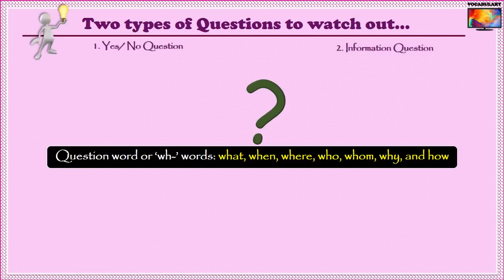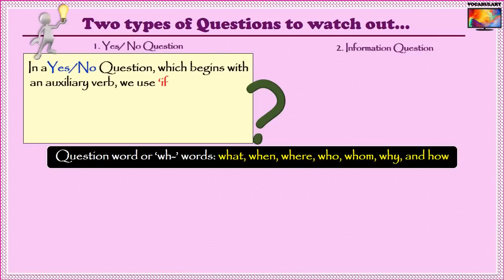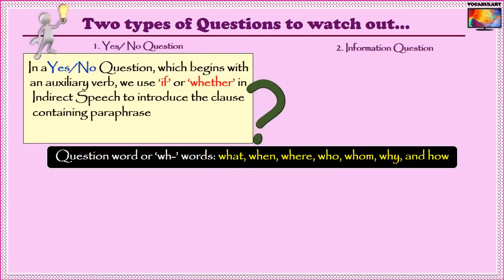The first step for converting direct speech of a question is to decide its category out of these two. Thereafter, in a yes-no question which begins with an auxiliary verb, we use if or whether in indirect speech to introduce the clause containing paraphrase of the question. We may also use whether or not for this purpose.